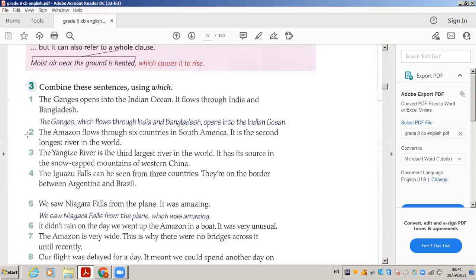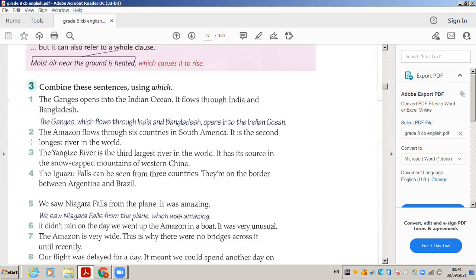If I want to concentrate on the Amazon being the second longest river, the sentence would be: The Amazon, which flows through 6 countries in South America, is the second longest river in the world.